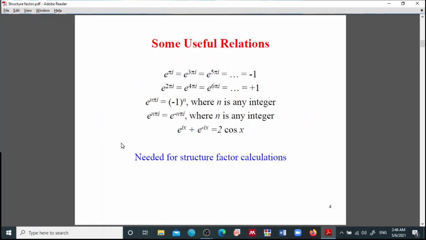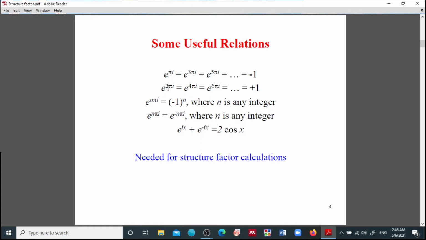So before going to discuss thoroughly the structure factors for various crystal structures, these relations should be memorized, and they will be quite useful in calculating the structure factors of various structures. So this is exponent pi i, and this is exponent 3 pi i, 5 pi i. So if there is an odd integral multiple of pi i, then we will have -1.